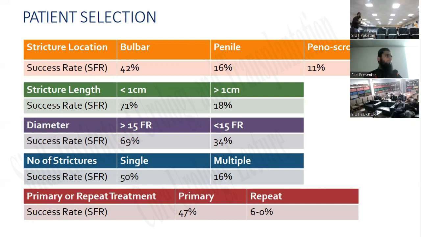अच्छा हाँ, तो if we cannot pass the 16 FR catheter, तो it means there is a narrowing in the urethra.